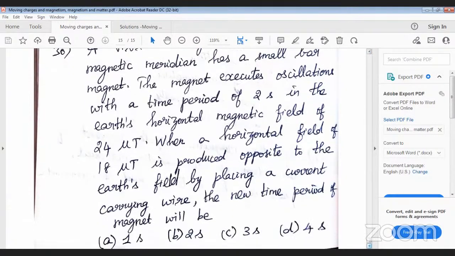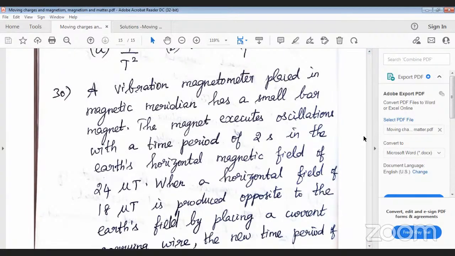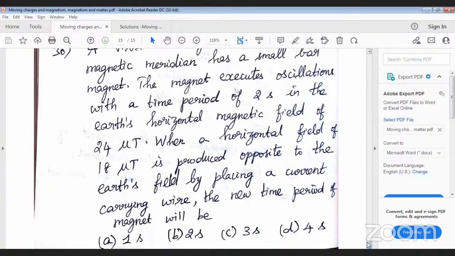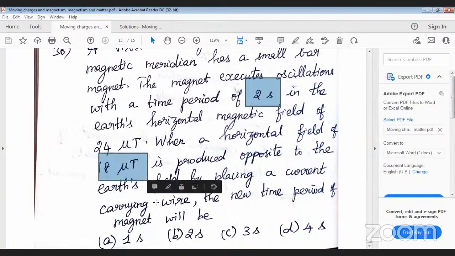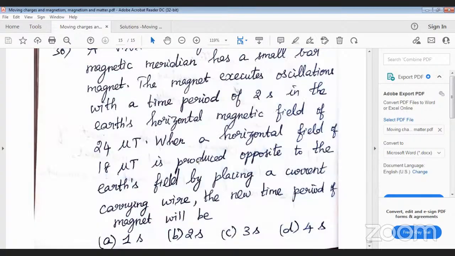When a horizontal field of 18 microtesla is produced opposite to the Earth's field by placing a current carrying wire, the new time period of the magnet will be?